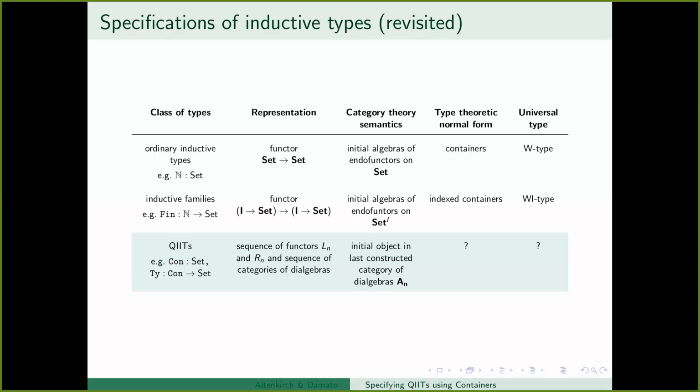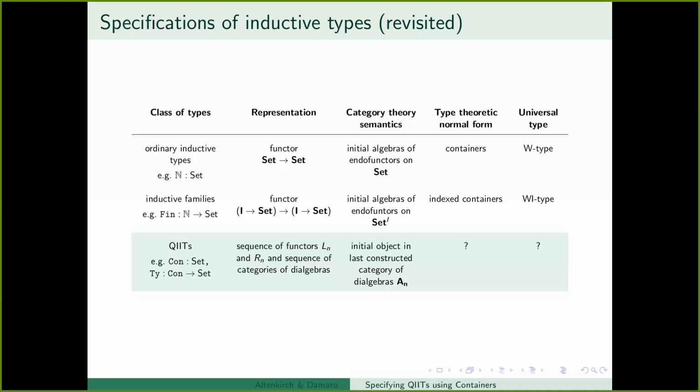So again, we have an initial algebra semantics on quotient inductive types. The current problem is that we still don't have a good understanding of these last two columns here. So what we would like to have is something similar to containers, but for quotient inductive types. And also we'd like to have a syntactic understanding of quotient inductive types, similar to what we have here.